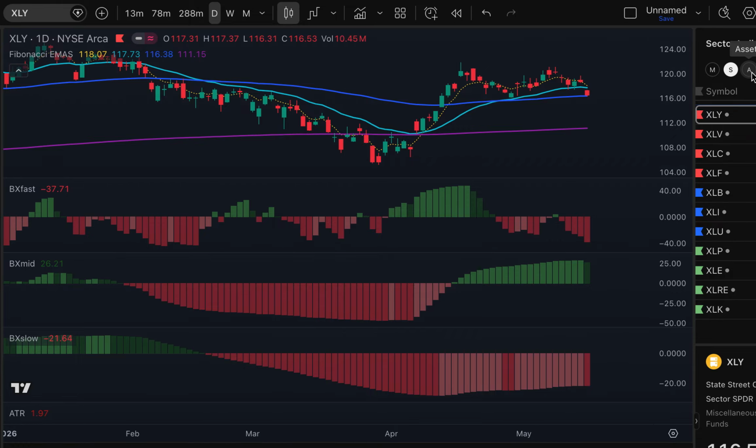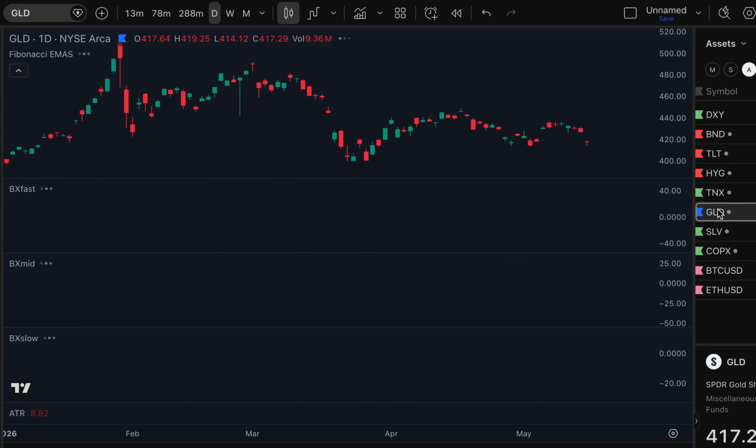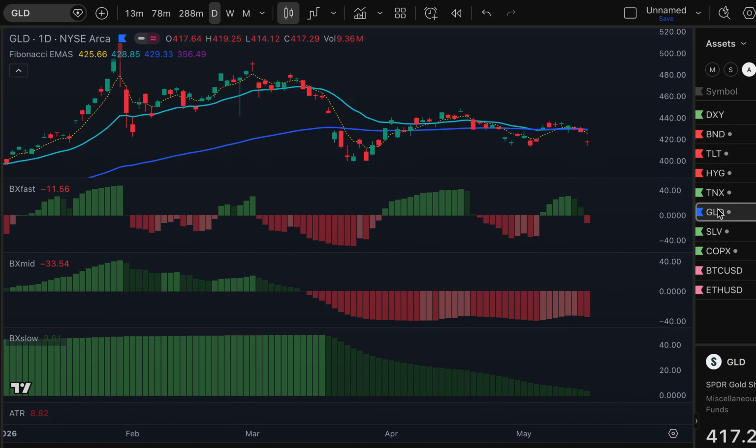There are some other things that I like to look at as well, like the gold ETF. So here's that GLD. The momentum is fading in all time frames. Very bad candle on Friday.